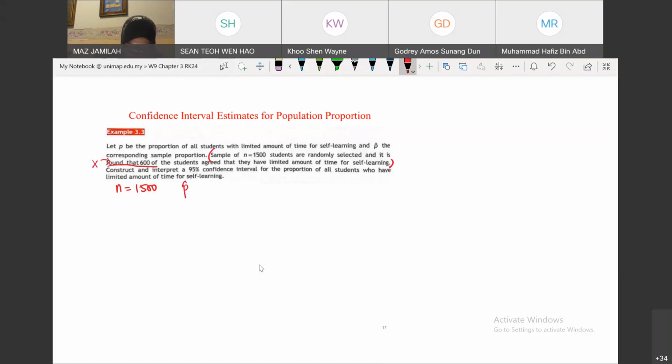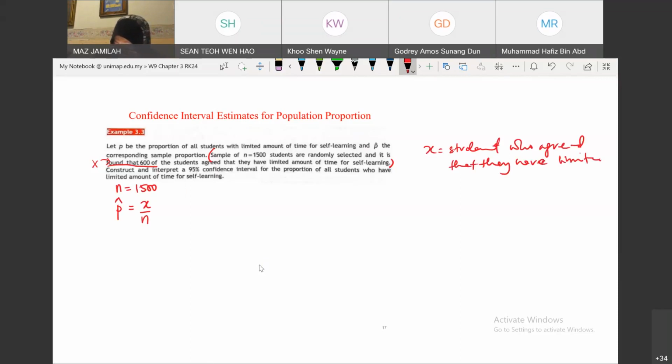So p hat is equal to x over n. What is my x? X will be students who agreed that they have limited time for self-learning.